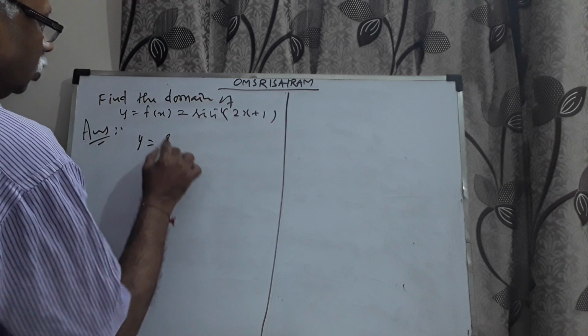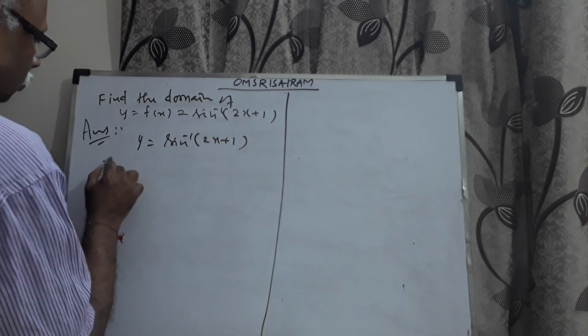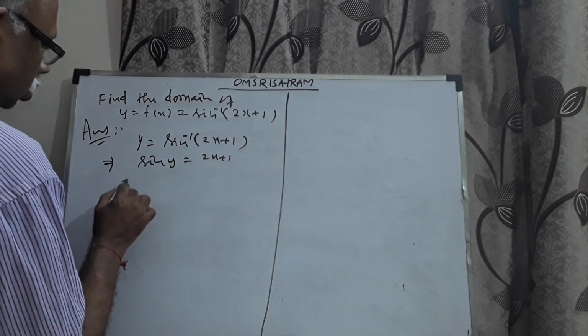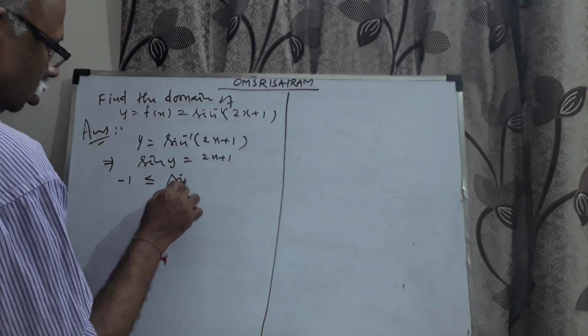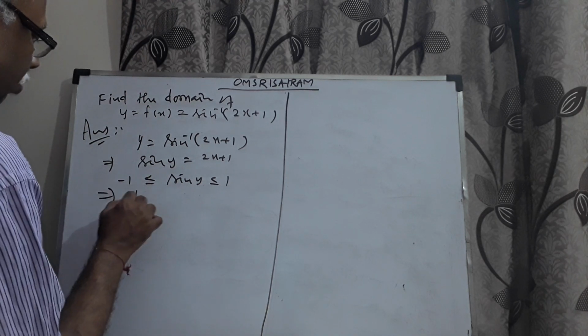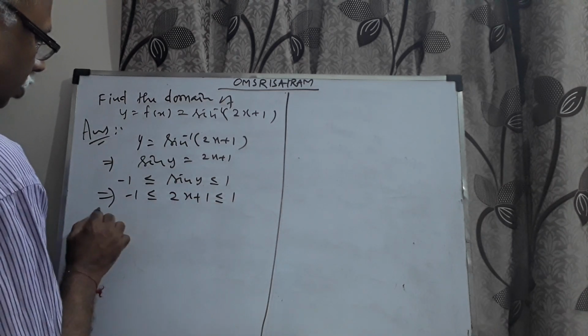Therefore, now y is equal to sine inverse of 2x plus 1, which will imply sine y is equal to 2x plus 1. You know very well the maximum value taken by any sine curve is 1, minimum value taken by any sine curve is minus 1. Therefore, minus 1 less than or equal to 2x plus 1 less than or equal to 1.